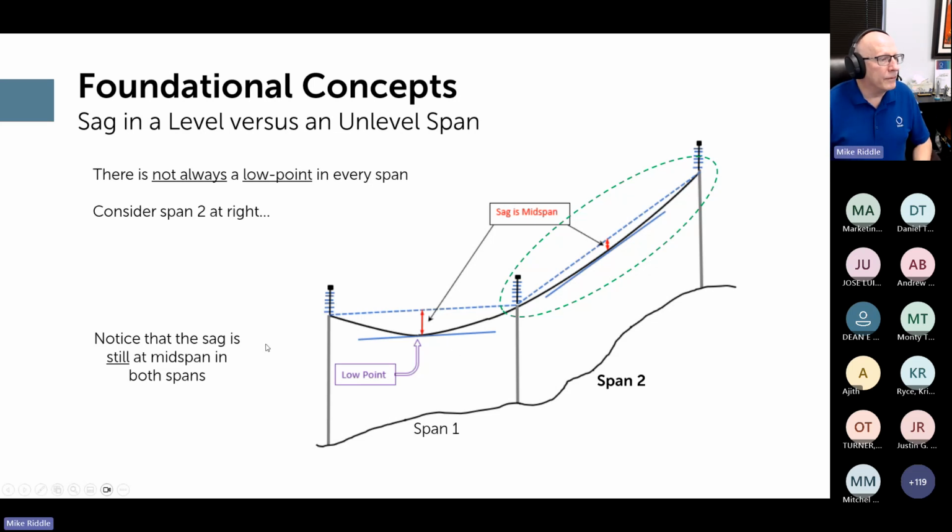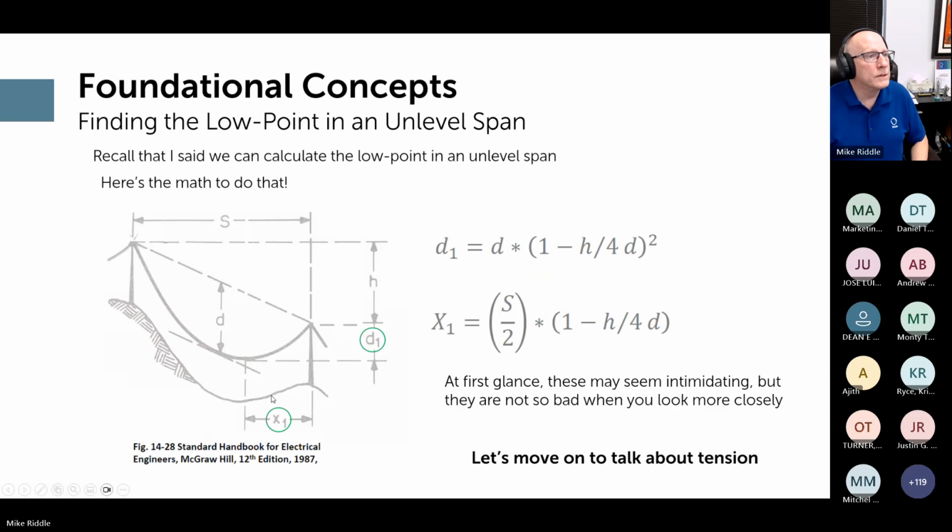But you'll still see that the maximum sag in both is still at midspan. So recall that I said that you can calculate the low point in an unlevel span. Here's the math to do that.